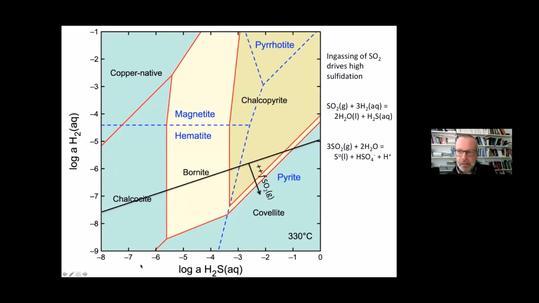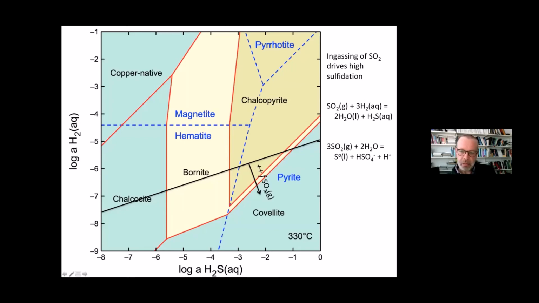I've been talking about arc and backarc systems. They are particular because there you have another species present in abundance, as we saw before, which is sulfur dioxide gas. So we could have the sulfur dioxide gas react with hydrogen and make hydrogen sulfide, which is this reaction here. You can see the stoichiometry gives you a slope like this.